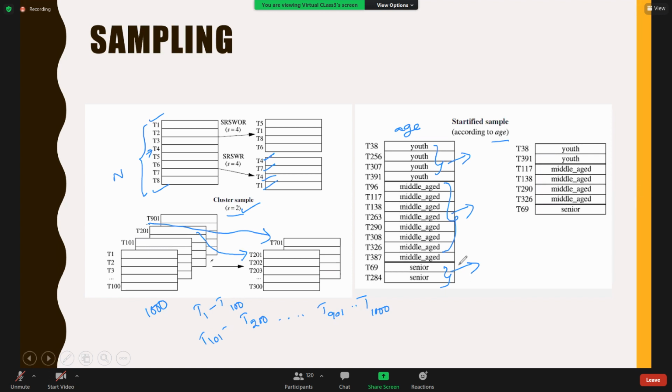Now you're randomly selecting from these tuples. Randomly we got T38, T391, and one more, T117, T138. So you are dividing the data into strata and then randomly selecting. This is sampling using stratified sampling.